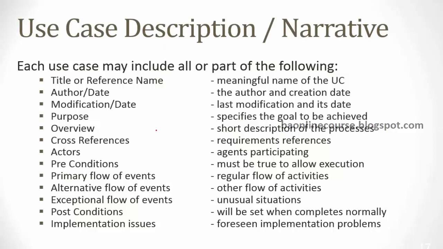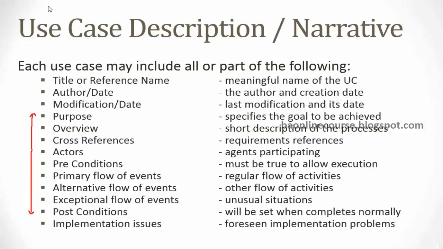So a typical use case description would consist of these details. The most prominent among them are here. These are definite musts in a typical use case. Any format you pick, this will definitely be there. The rest of them depend on the template of the organization. Some add additional details, some just stick to the core details.